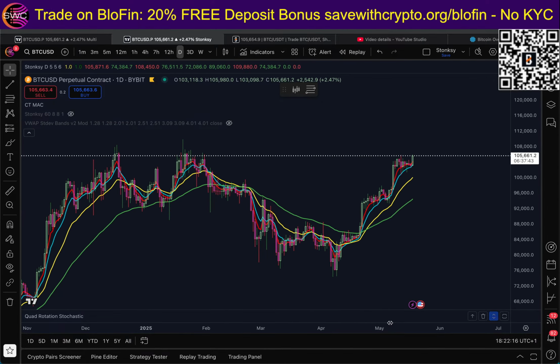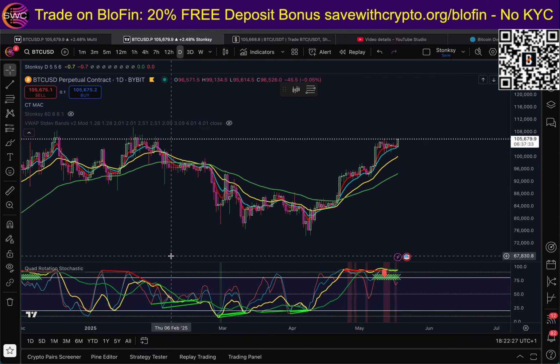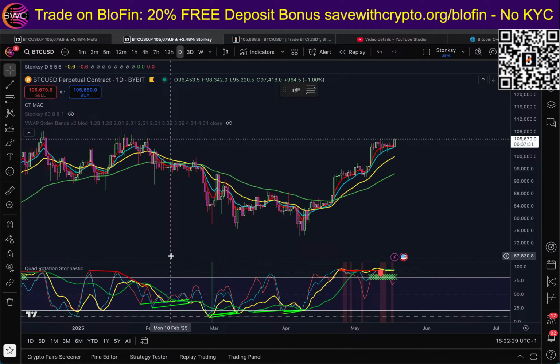Now the other indicator I'm using is this one here called the quad rotation stochastic, which I discovered a couple of months ago when somebody showed it to me, and it was an open source indicator.